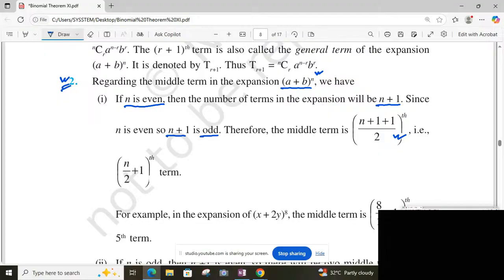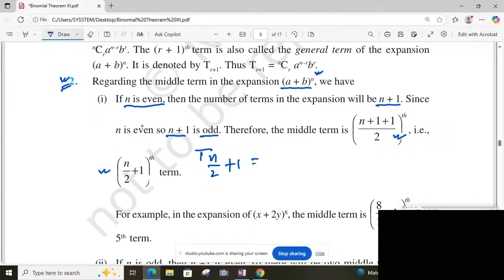So this one will be n by 2 plus 1. As with the general term, T of n by 2 plus 1 will be the middle term of (a plus b) to the power n when n is even. So there is no problem with that.